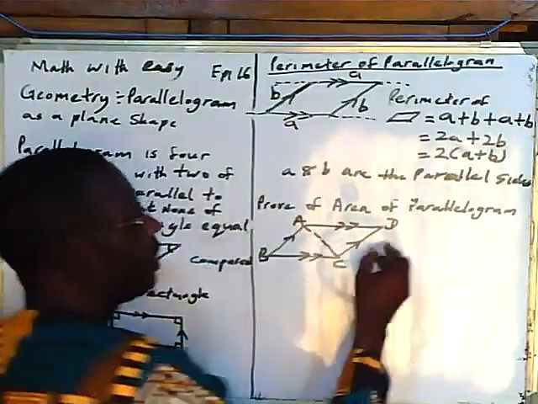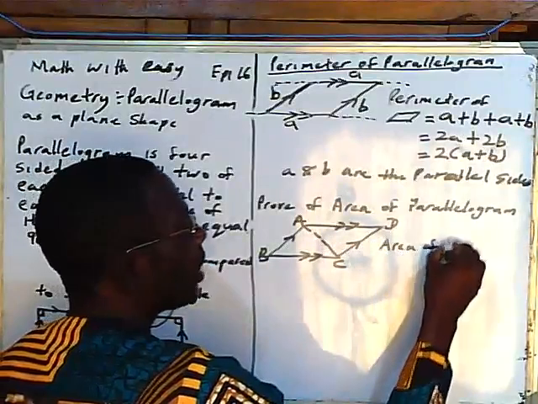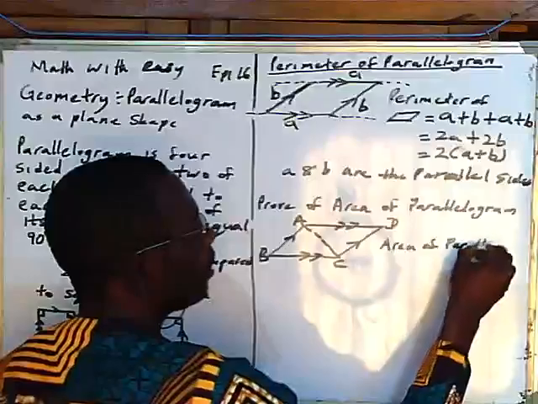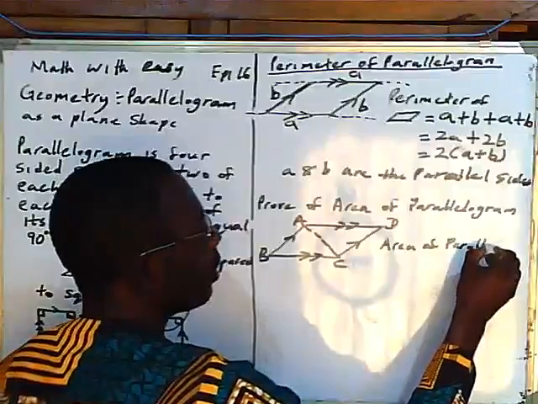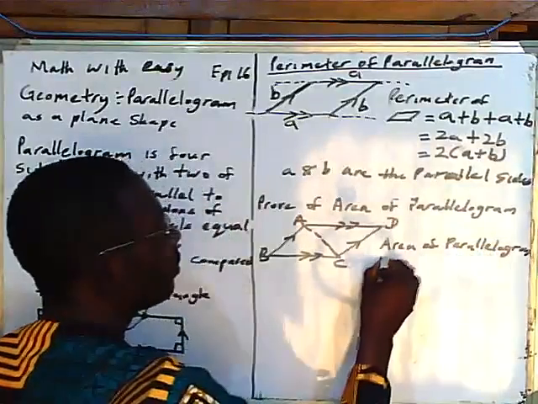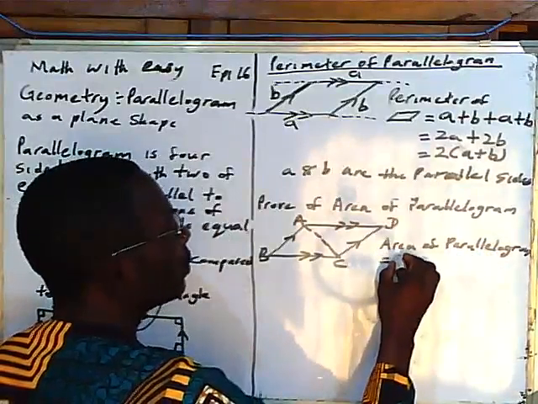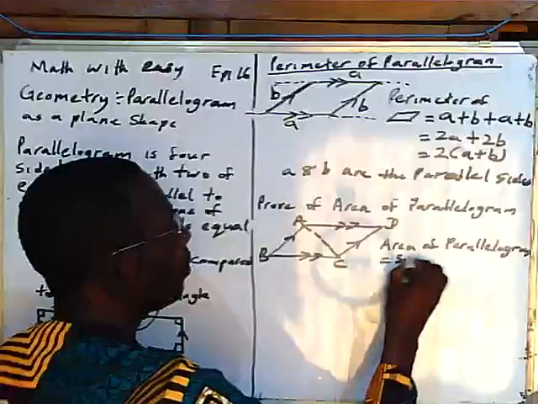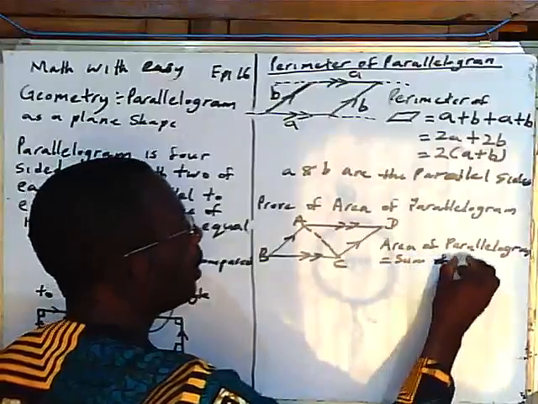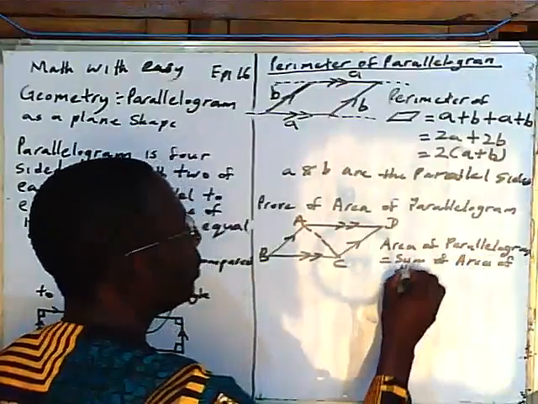That means the area of the parallelogram will be the sum of the area of the two triangles.